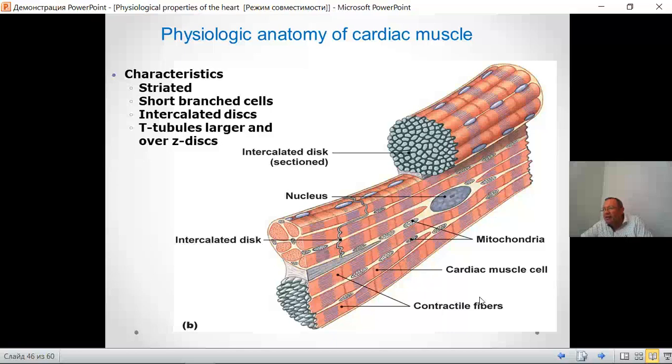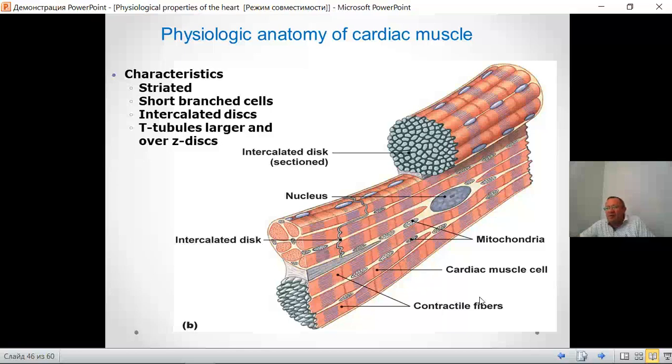Cardiac muscle is striated in the same manner as skeletal muscle. Cardiac muscle has typical myofibrils that contain actin and myosin filaments, almost identical to those found in skeletal muscle. These filaments lie side by side and slide during contraction in the same manner as in skeletal muscle. In other ways, however, cardiac muscle is quite different from skeletal muscle.